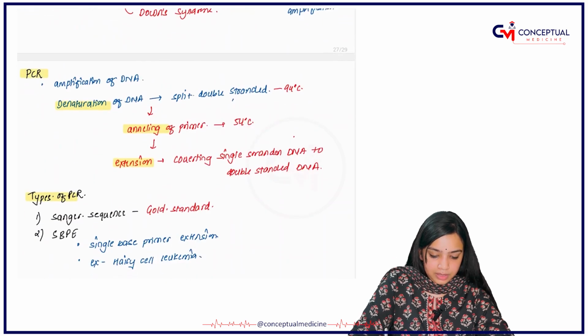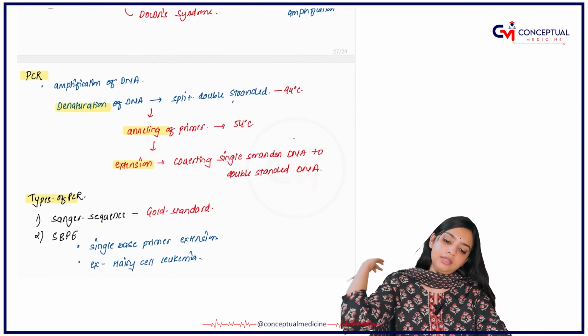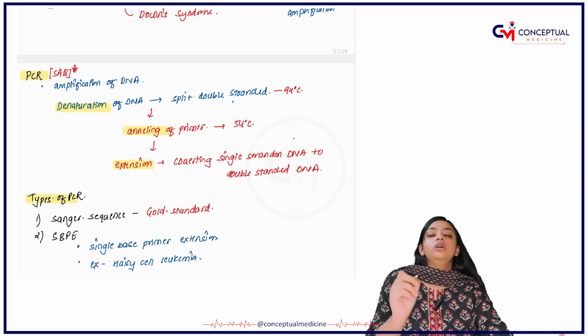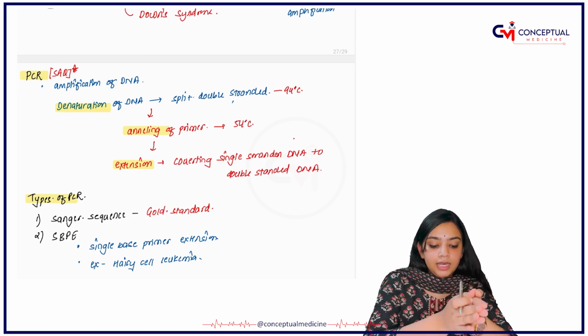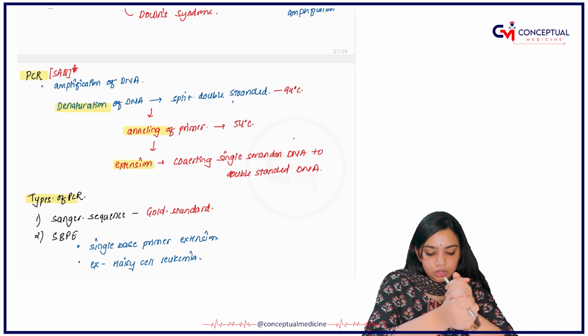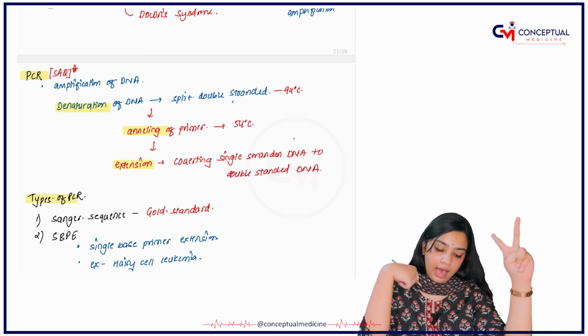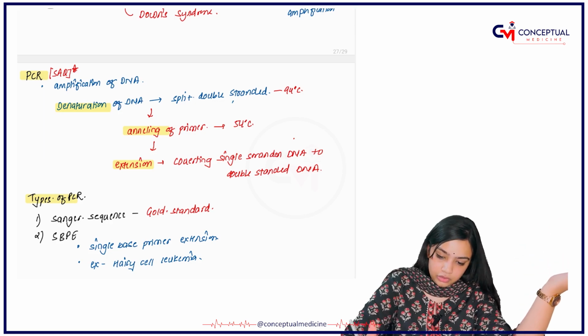Let's just learn about the PCR. PCR can be asked as your short note question. So PCR is basically the amplification of DNA. It has three processes: denaturation, annealing, followed by the extension. What are the types of PCR that we have?